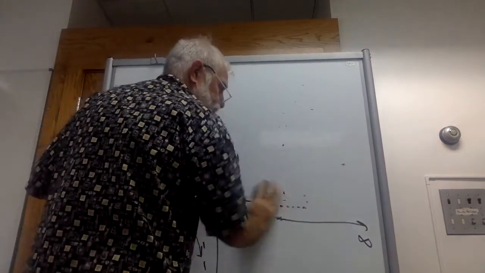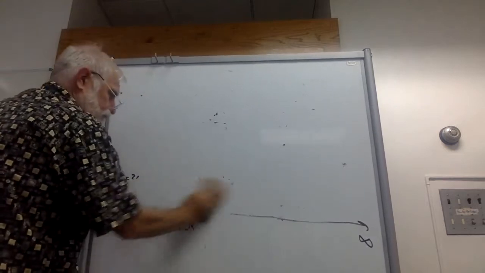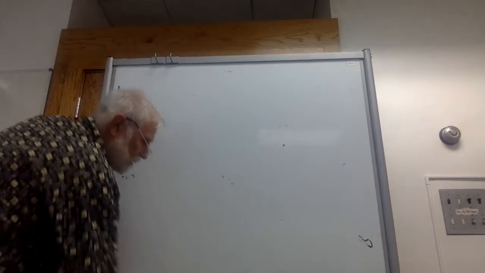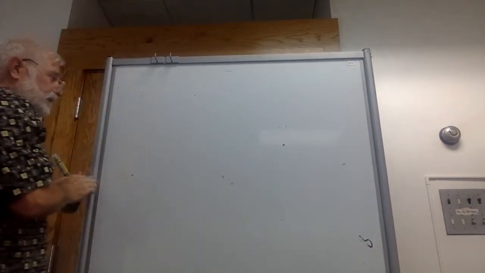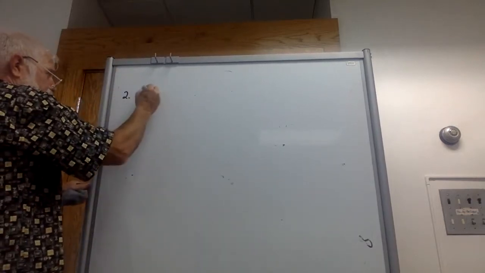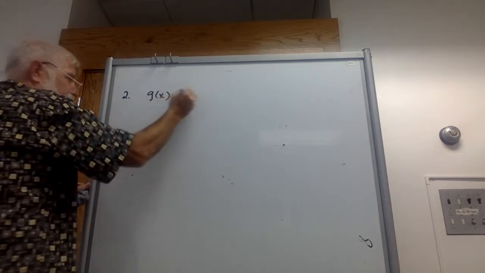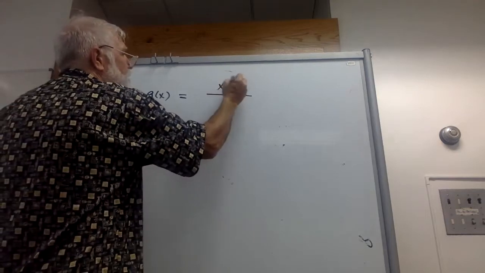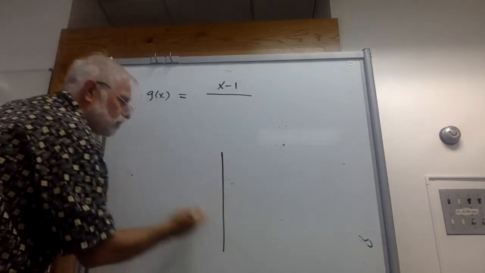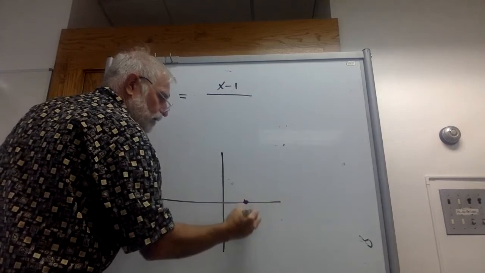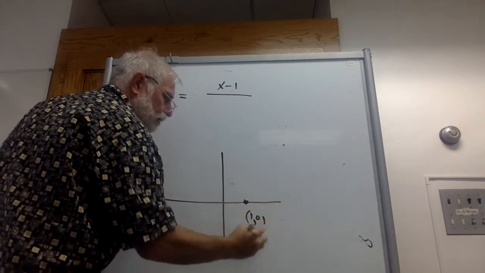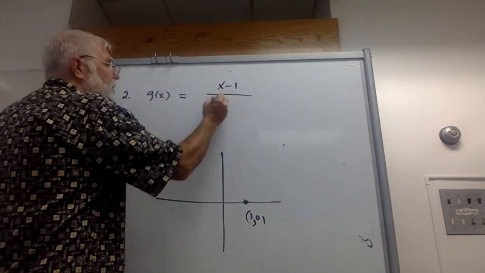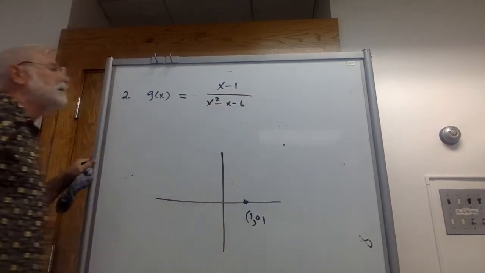g of x. We get a nice board here. g of x, a different fraction. Numerator, x minus 1. Well, unless that divides out, I immediately know that I have a root at 1, over x squared minus x minus 6.